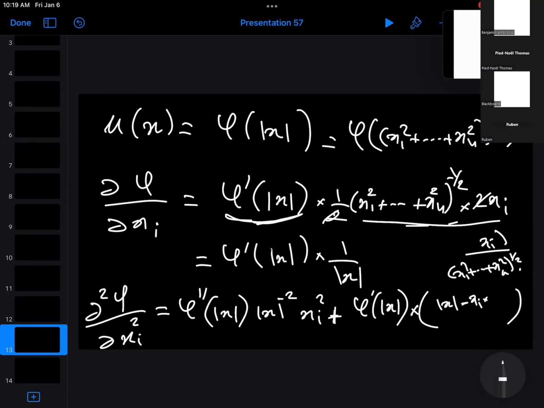So it's xi square and 1 divided by the norm of x, and here the norm of x squared.